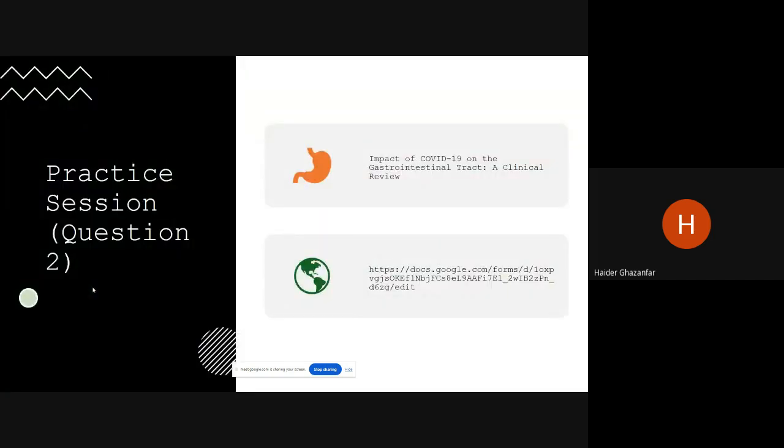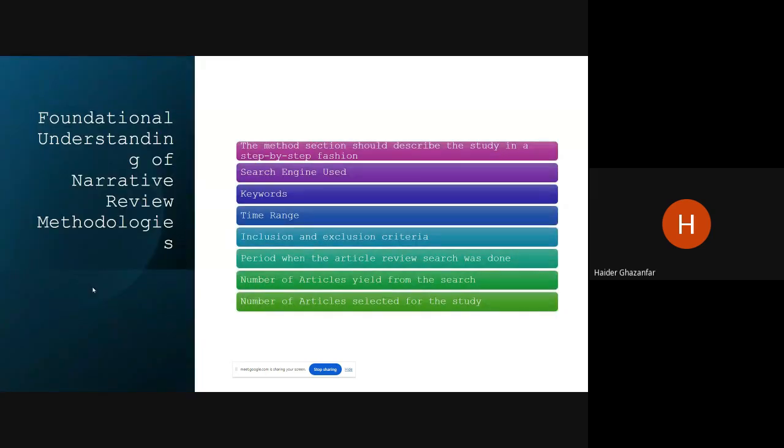So this is practice session 2. If you click on the same link, or if it's open, in this session you want to outline the methodology for the topic impact of COVID-19 on the GI tract. If you're writing the methodology section, try to write it by answering these 7-8 bullet points.